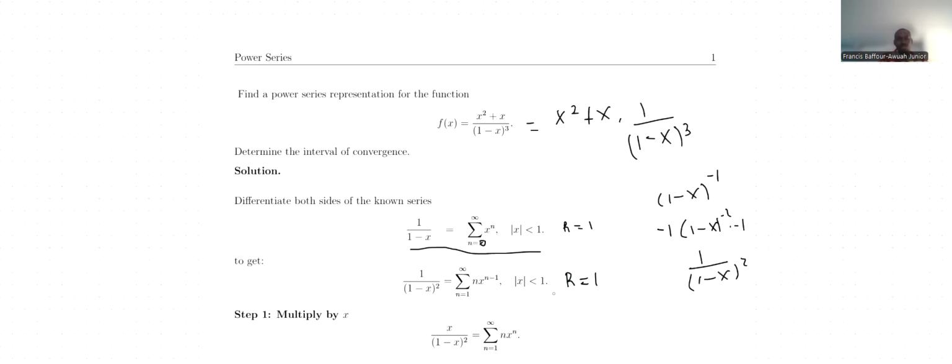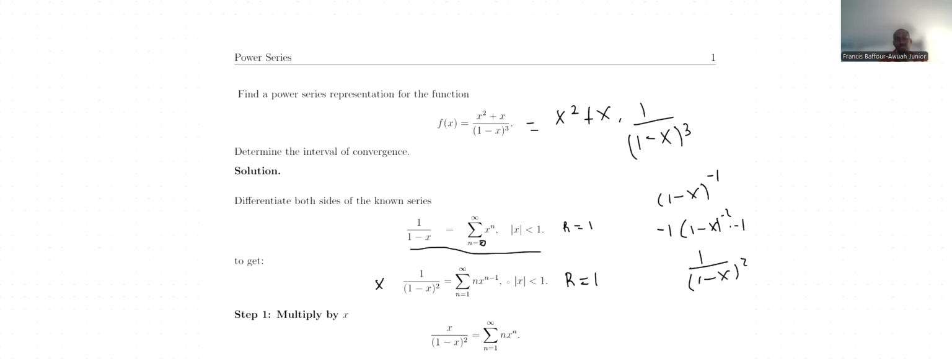Okay. So at this step, you'll be tempted to go ahead and find another derivative, which will give you 1 over 1 minus x cubed, which is one way of going about it. But another way of thinking about this is to first multiply both sides of this expression here by x. So multiply this side by x, and you also multiply this side by x.